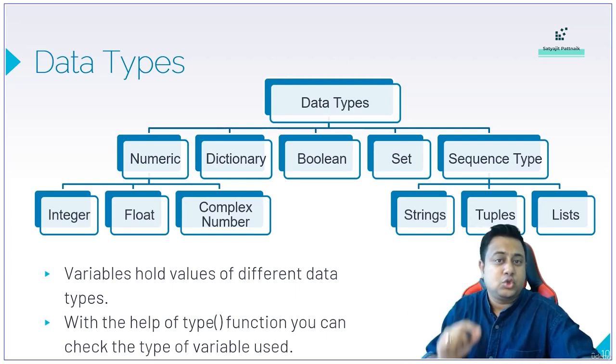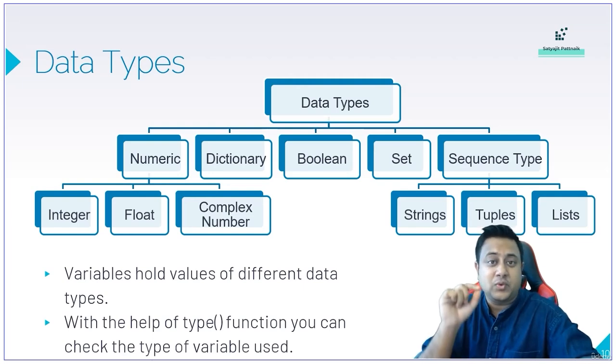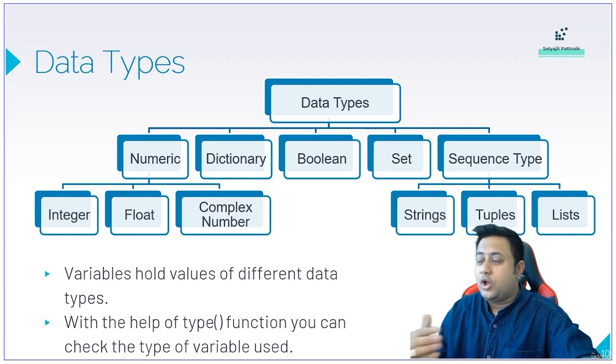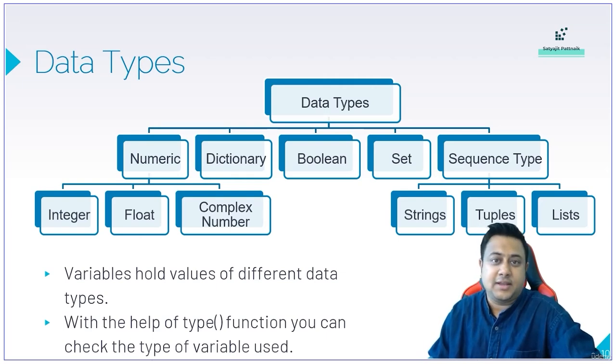In the string Hello, the zeroth index will have H, the first index will have E, and it goes on: L, L, O. We also have tuples and lists, which are also termed sequence types. Variables hold values of different data types. With the help of the type function, you can check the type of a variable used.